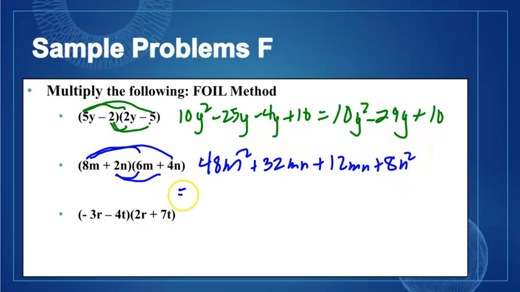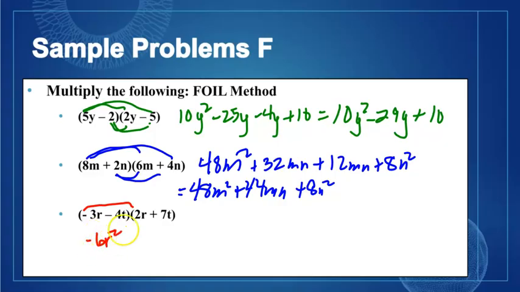So that's going to give us an answer of 48m squared plus 44mn plus 8n squared. And our last one here, distribute the negative 3r times 2r is a negative 6r squared.